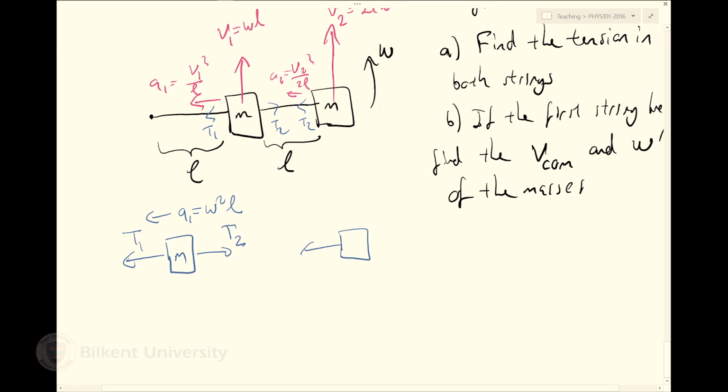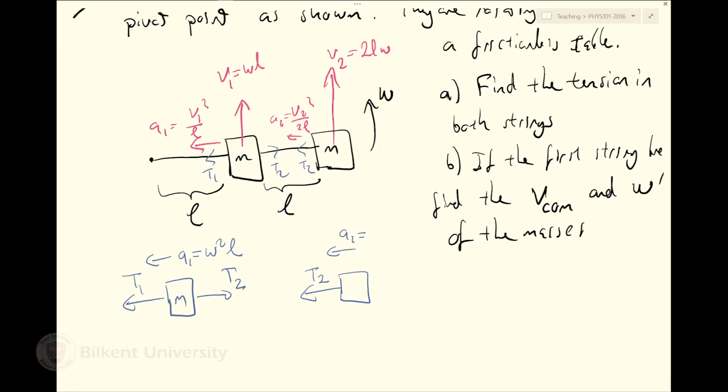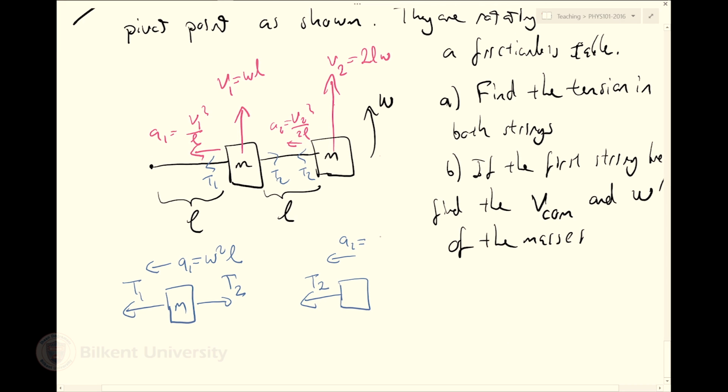The only force on the second mass is T2. Its acceleration is to the right, which is just omega squared times 2L, right?